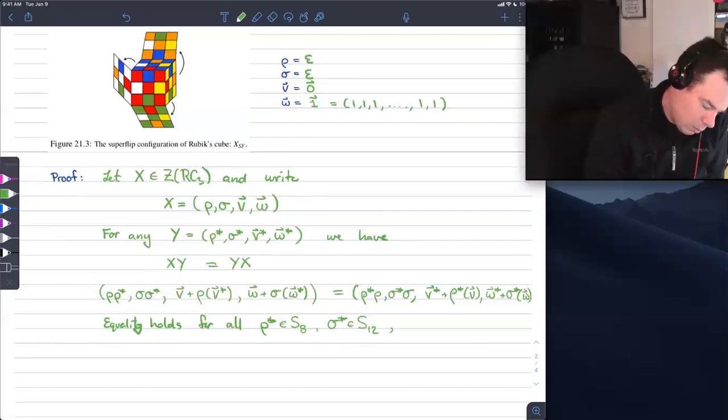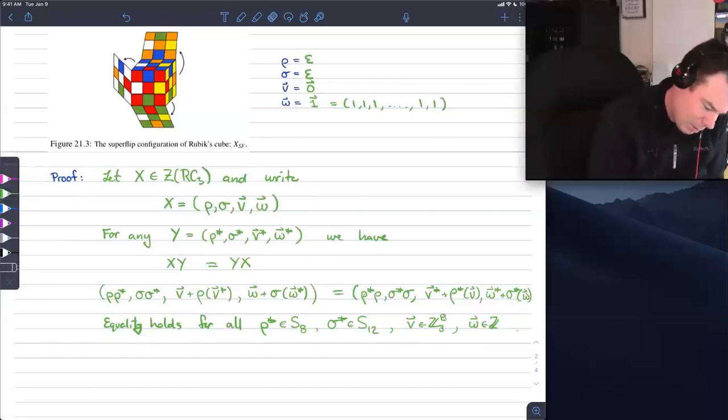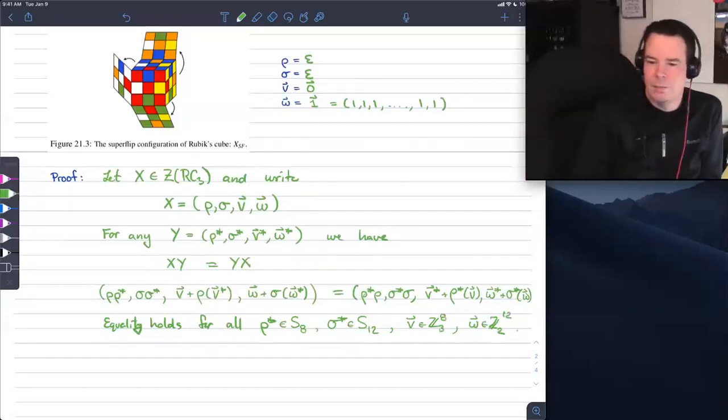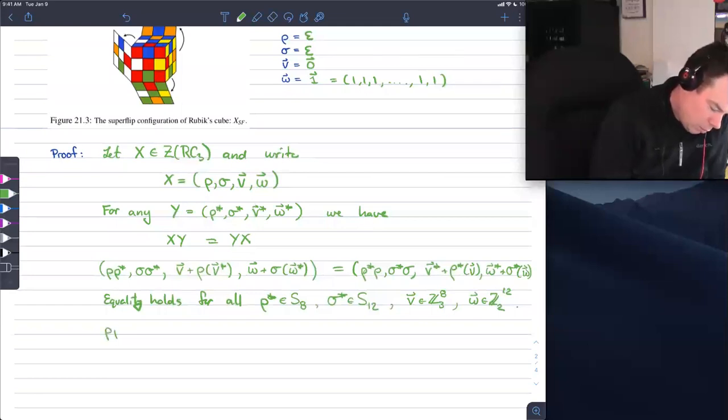And this also has to hold for any v in Z3 to the 8, and any w in Z2 to the 12. Sorry, I mixed those numbers up: Z2, and then 12 numbers in total in that vector. So what does that mean? That means that rho star is equal to rho star rho for all rho star.